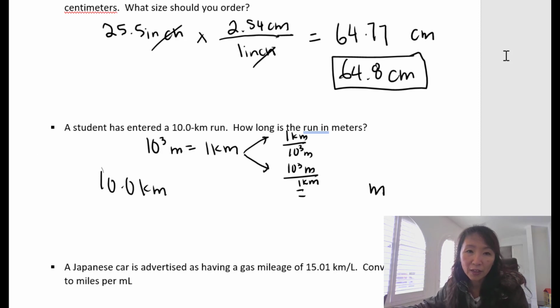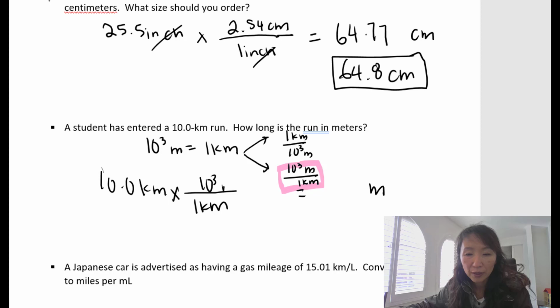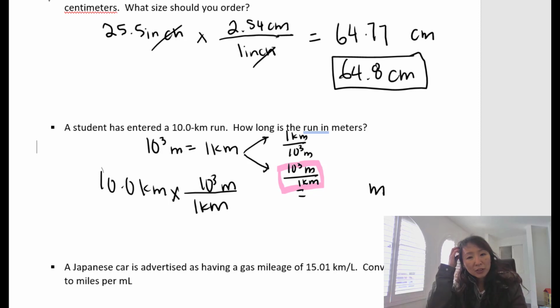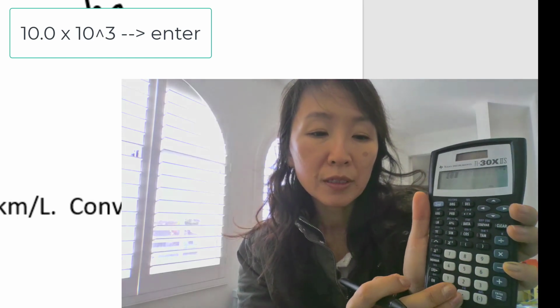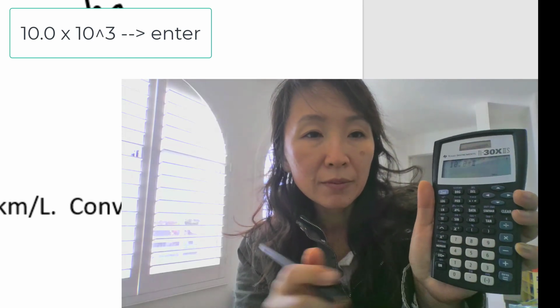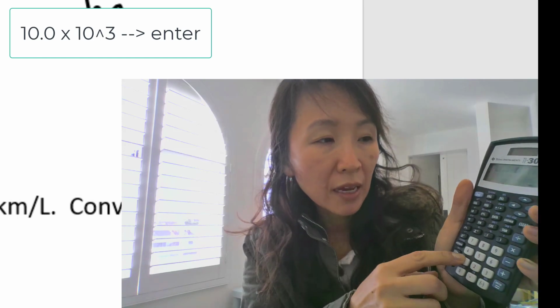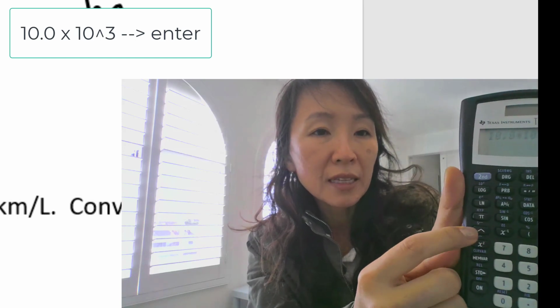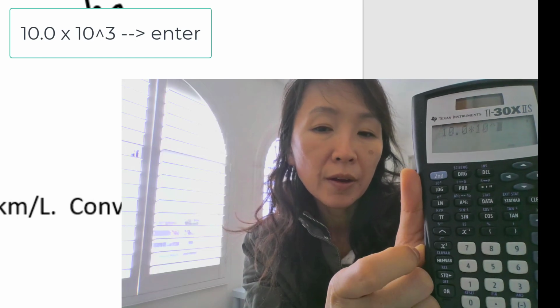Based on what I see over here, I'm going to be utilizing the second one, because I want to cancel out the kilometers. 1 kilometer and 10 to the third meters. So if I were to punch this into the calculator, I would do as follows. 10.0 times 10 to the, that's the little hat sign above the cosine, to the third power, and then hit enter.